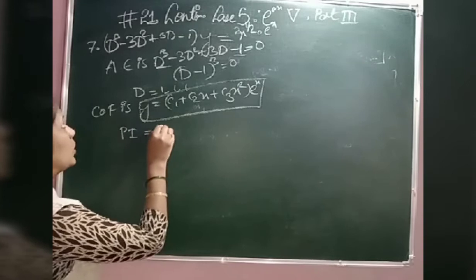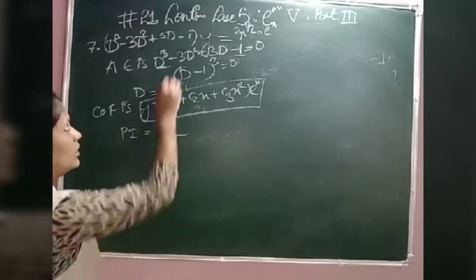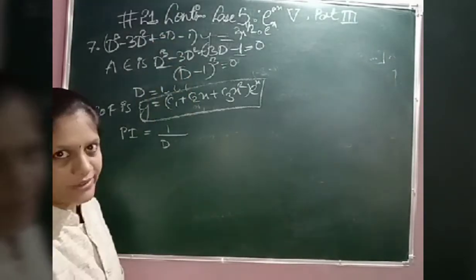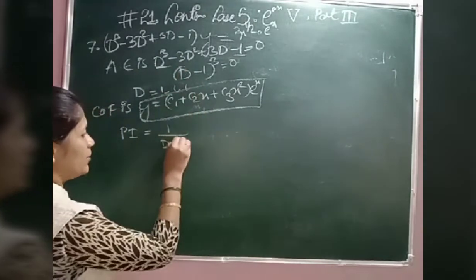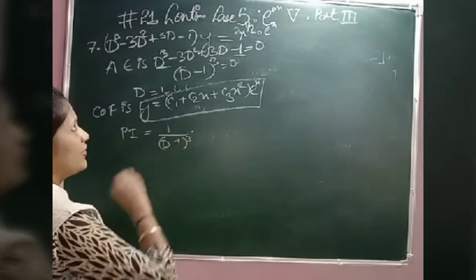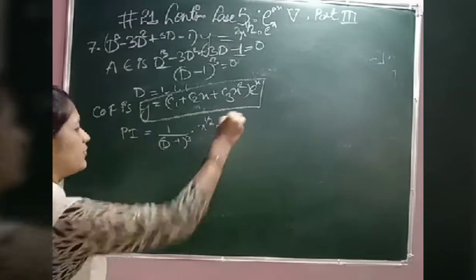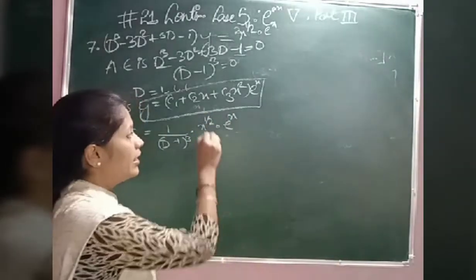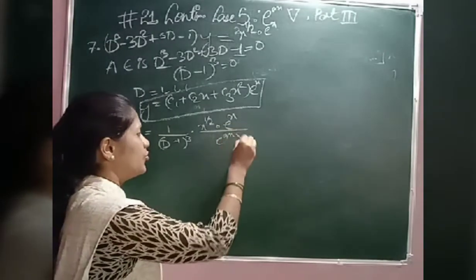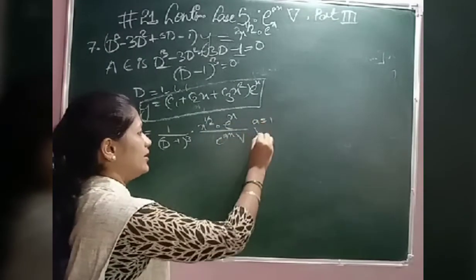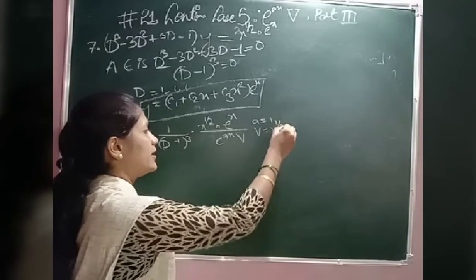PI equal to 1 upon D minus 1 whole cube, whichever we find easier, that we can use. We'll find it easier, right? So, x raised to 1 by 2 e power x. What is this form? E power ax into v, a equal to 1, v equal to x raised to 1 by 2.